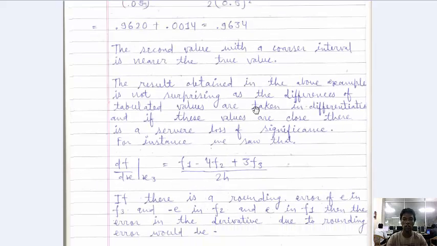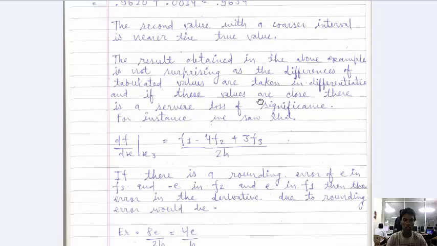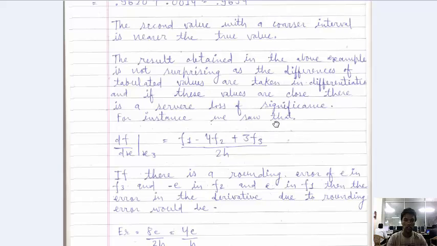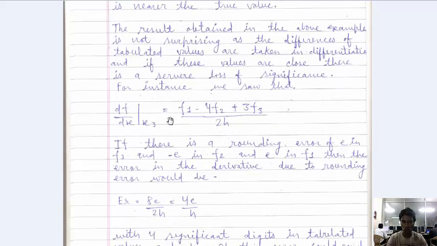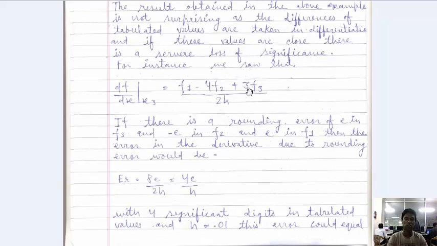The result obtained in the above example is not surprising. The differences of the tabulated values are taken in differentiation, and if these values are close, there is a severe loss of significance. For instance, we saw that df by dx at x3 is equal to (f1 minus 4f2 plus 3f3) by 2h. There is a rounding error of e in f3, minus e in f2 and e in f1.